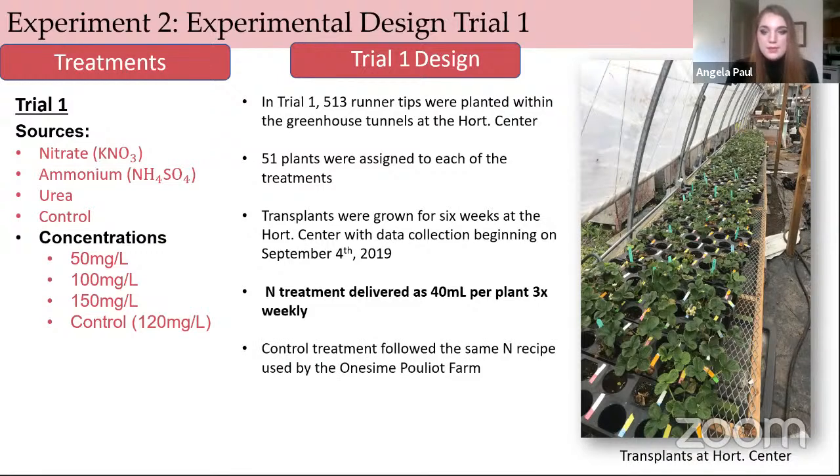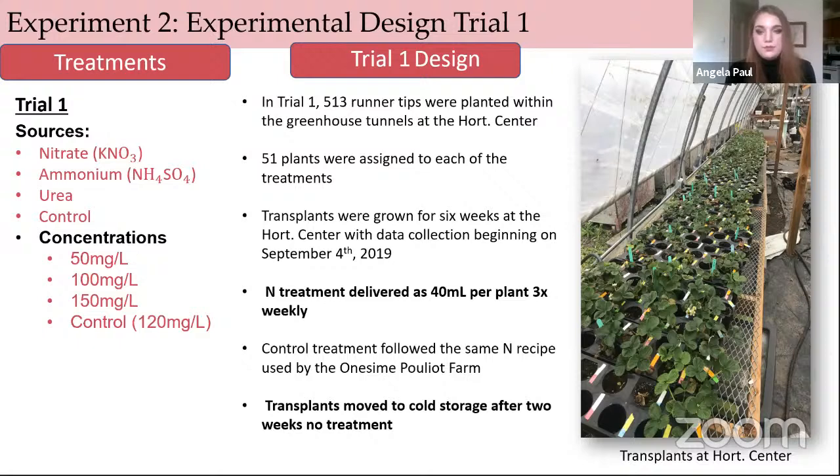And then potassium was also balanced for this experiment to keep that consistent. And then all other nutrients were also delivered by hand when needed each week. And then the control treatment followed the same recipe used by the Onsmipua farm, which I'll talk more about in my next slide. And then after the 6-week period, after data collection, I moved the transplants into cold storage to mimic the practices in the farms to initiate winter dormancy, where I continued to take data throughout the winter.